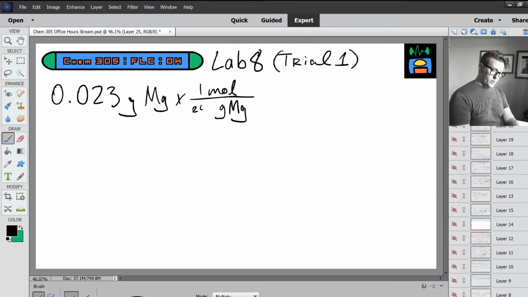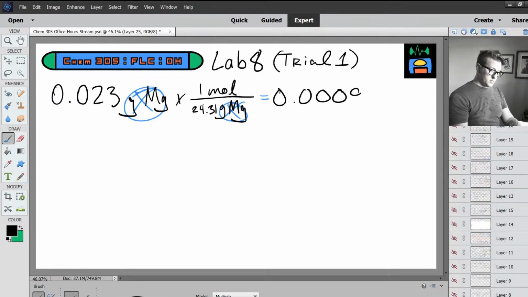Yep, 24.31. Grams of magnesium cancel grams of magnesium. And then, 0.023 divided by 24.31 gives us 0.00095 after rounding to 2 sig figs moles of magnesium.